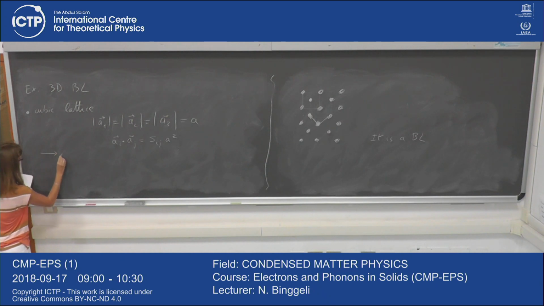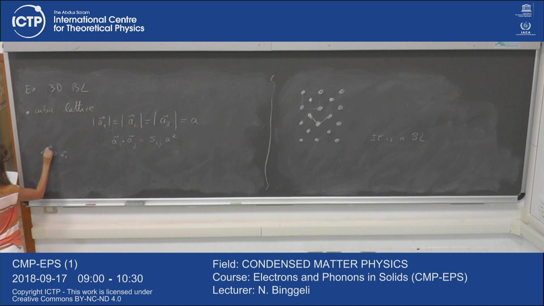So I have a vector a1, and the vector a2 in the plane here, I mean, the base, is perpendicular to a1, so I show it this way. So a2 is perpendicular to a1 and has the same length as a1, and a3 is perpendicular to a2 and a1.